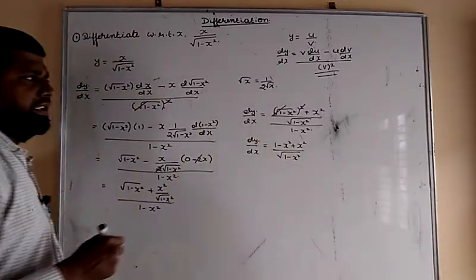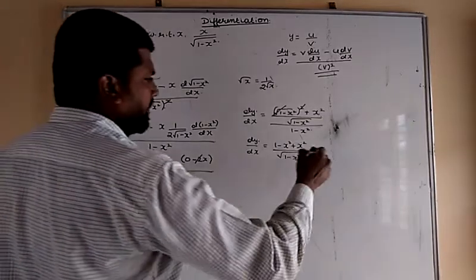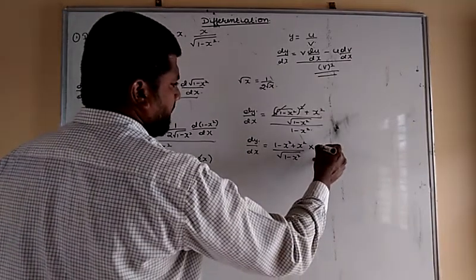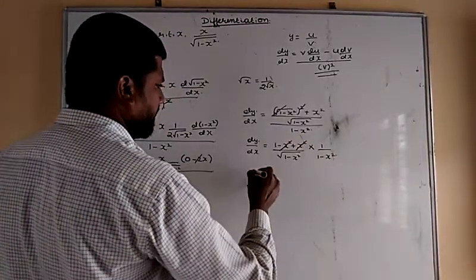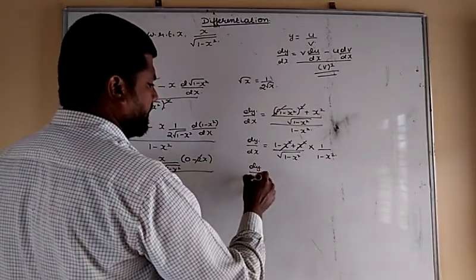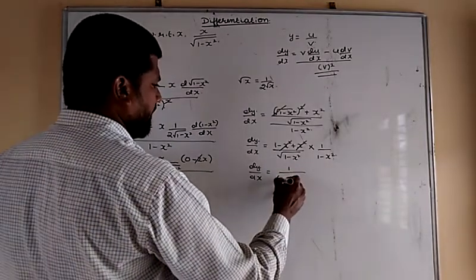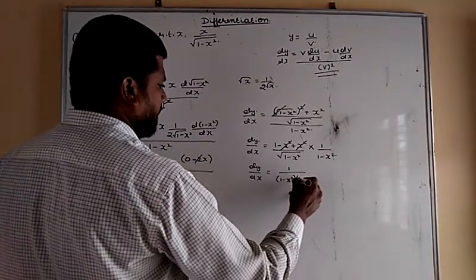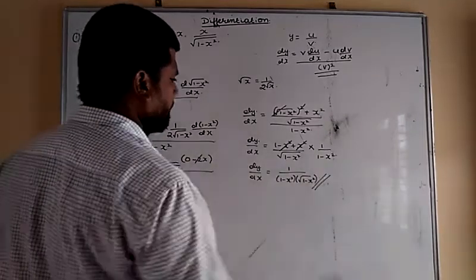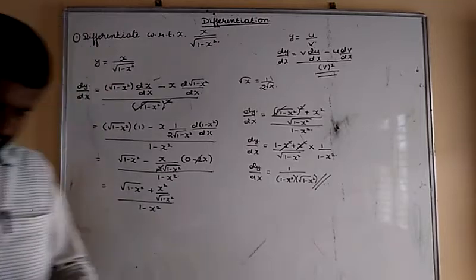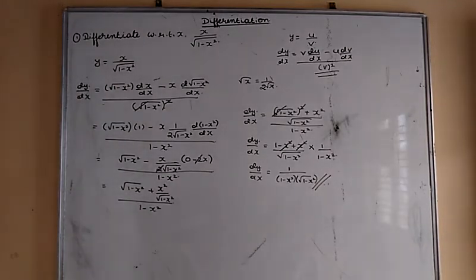In the denominator there is 1 minus x square, below that 1 is there. If you shift it to the numerator, then it becomes 1 by 1 minus x square. Then plus x square minus x square get cancelled. Differentiation of y with respect to x is equal to 1 by 1 minus x square into root of 1 minus x square. Okay, take down the next problem.